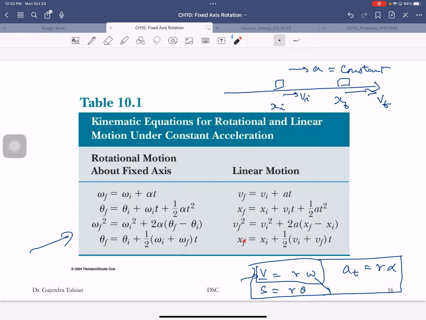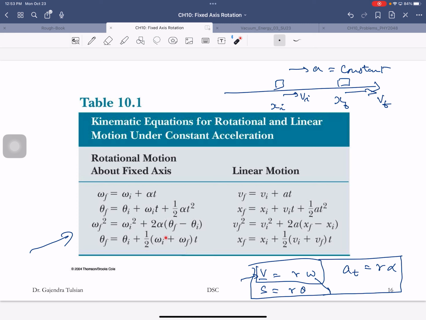Final velocity is initial velocity plus a times t. Velocity is a function of time. How fast are you going after this elapsed time? Where are you after this elapsed time? How fast are you going after having traveled this distance?